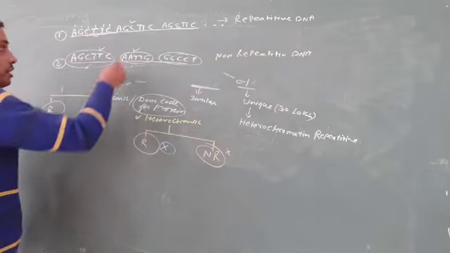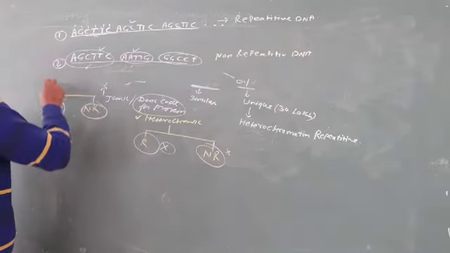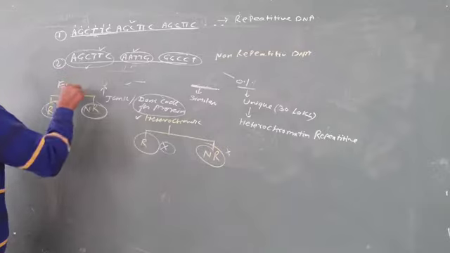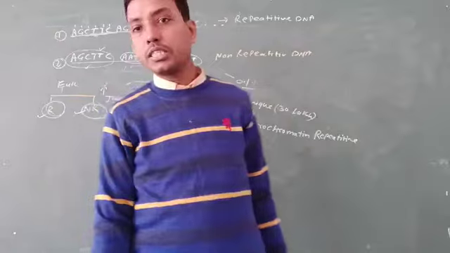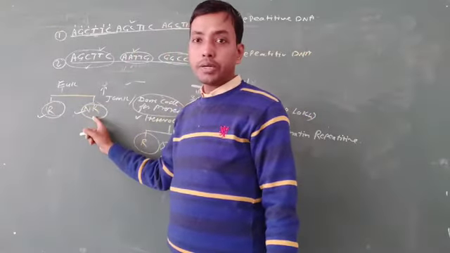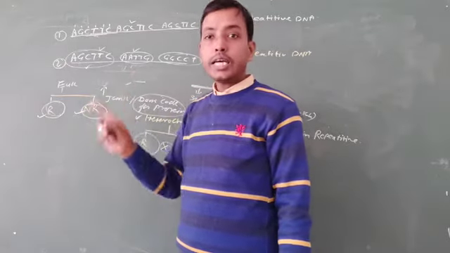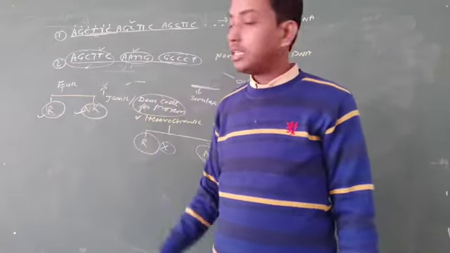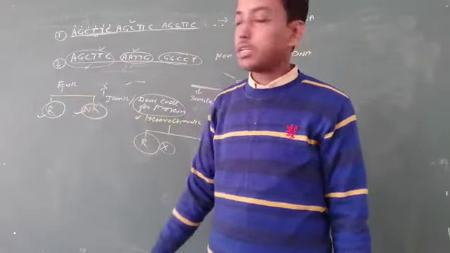While if the repetitive and non-repetitive are part of euchromatin, then both are able to perform protein synthesis. So this should be in your mind. Repetitive DNA and non-repetitive DNA, if part of euchromatin, may code for protein.